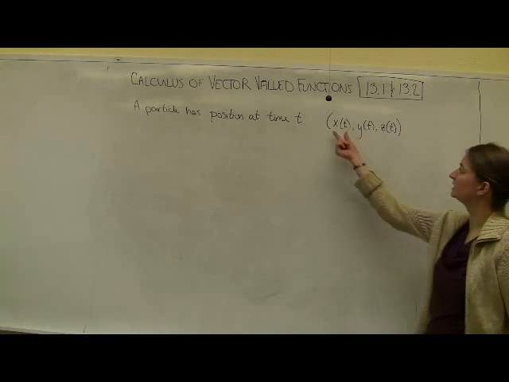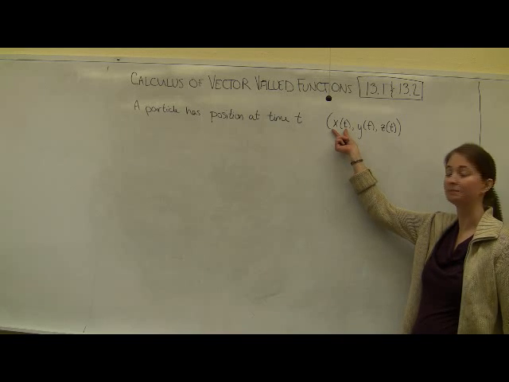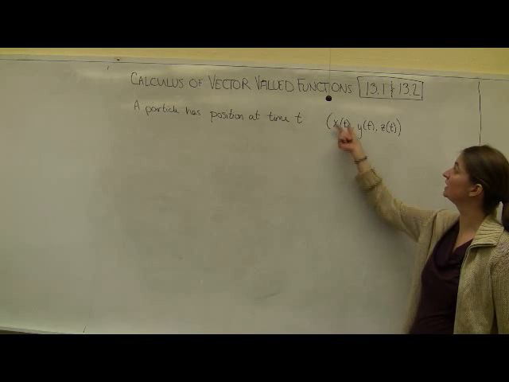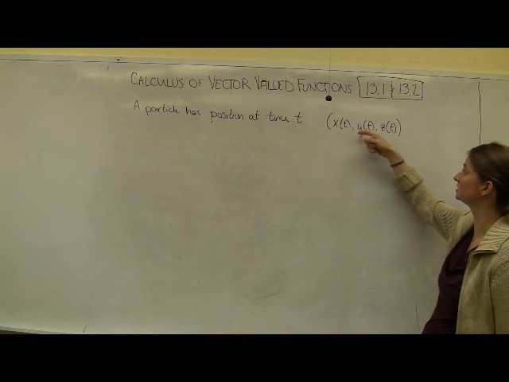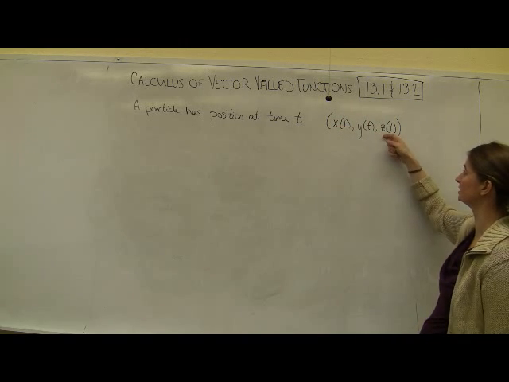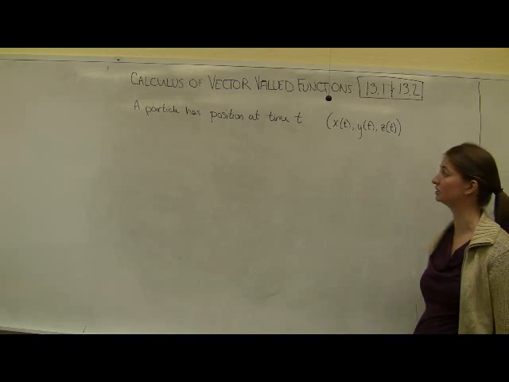So this is demonstrating the fact that the first component of the position of this particle changes with respect to time. So the x value will change as time changes, the y value will change as time changes, and the z value will change as time changes.